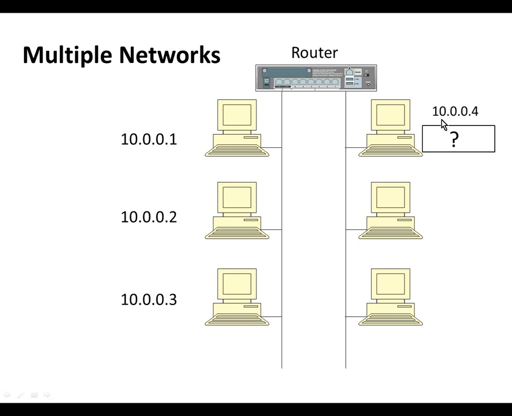We can't make it 10.0.0.4 because that violates the rule of any two networks having the same network ID. This is network 10 right here. So this has to be a network which is other than 10. So in this example, I will make it workstation 11.0.0.1, and then the next workstation will be 11.0.0.2 and .3 and so on.